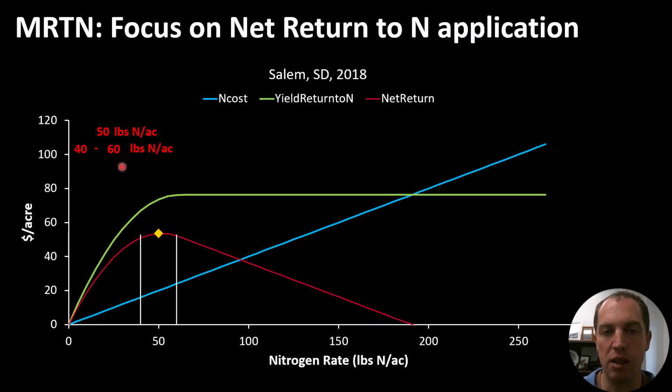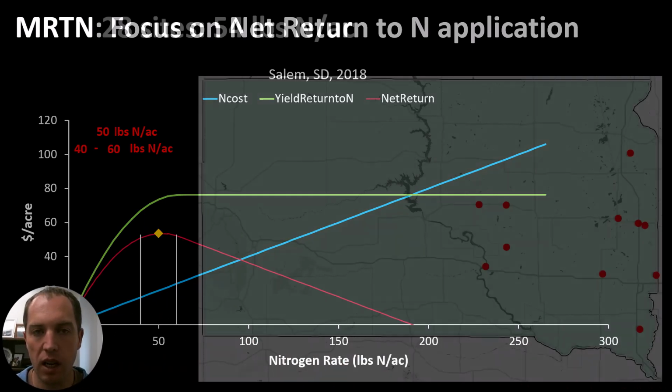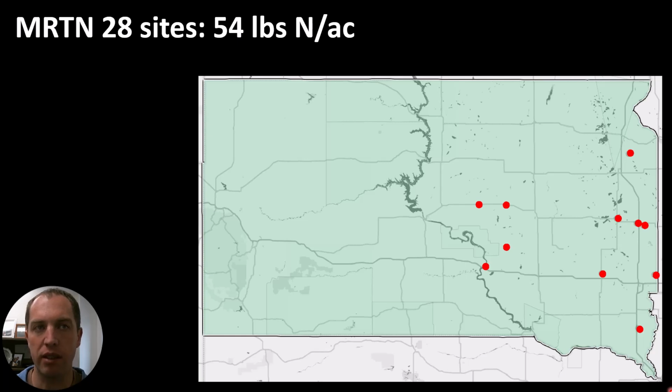So the MRTN system is more economic based with lots of these different curves and fields, and the yield goal system is based on yields and coefficients and credits. So if we look at this maximum return to nitrogen across the 28 sites that we have in our oat nitrogen database, the average nitrogen was 54 pounds of N that it needed to optimize yield.